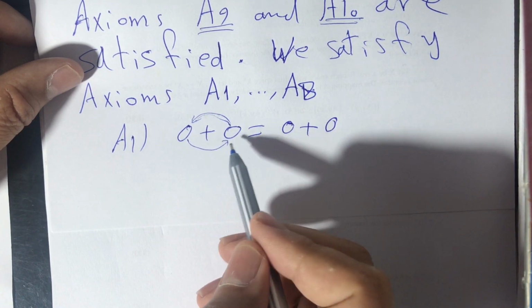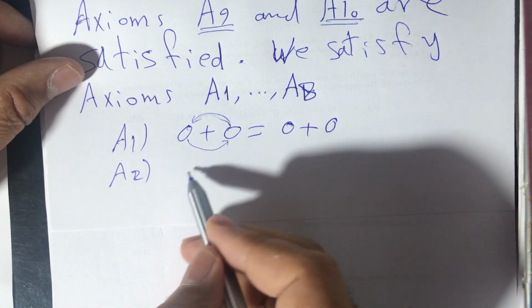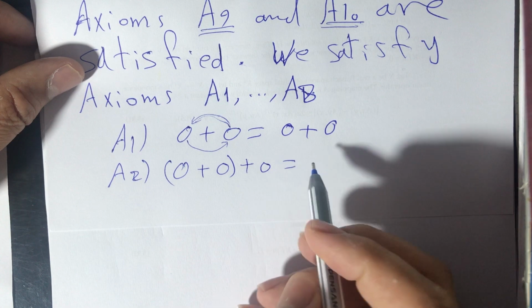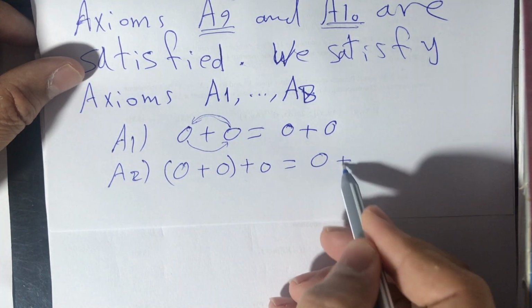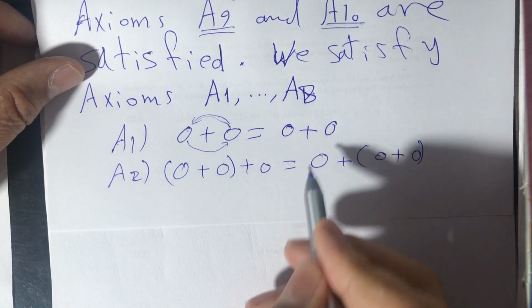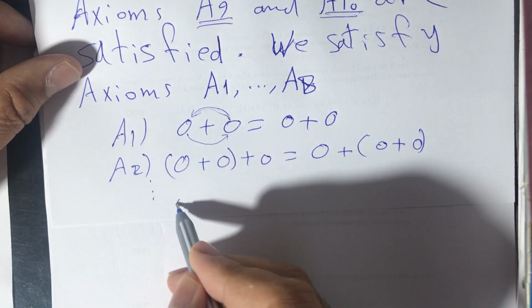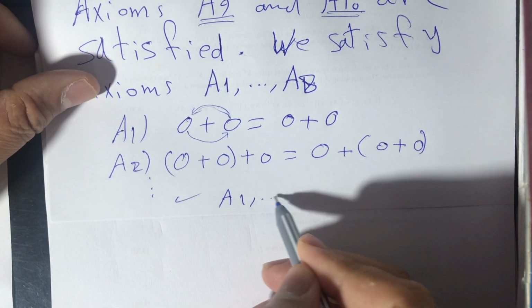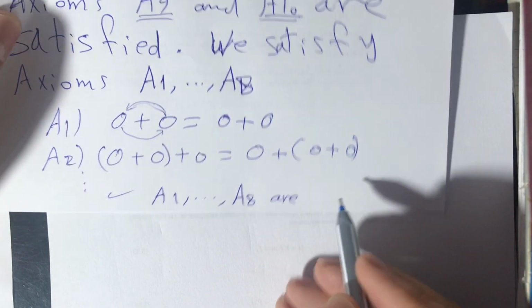And A2, of course, associative: 0 plus 0 plus 0. If we move the brackets here, of course, it will be the same. And so on. So A1 until A8 are satisfied.